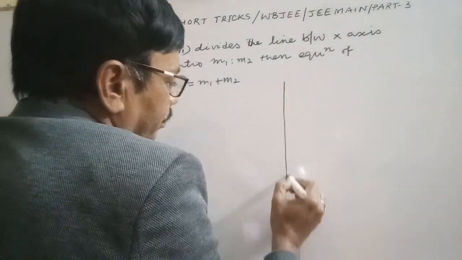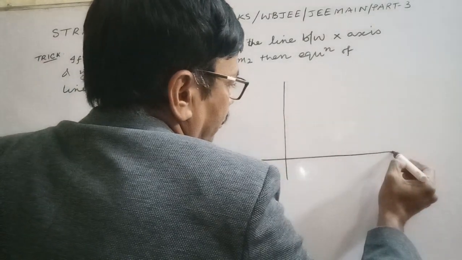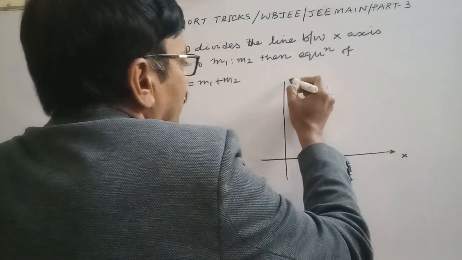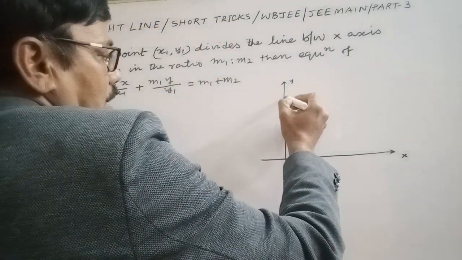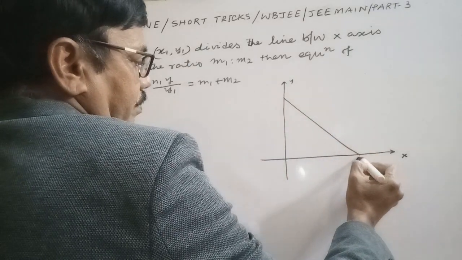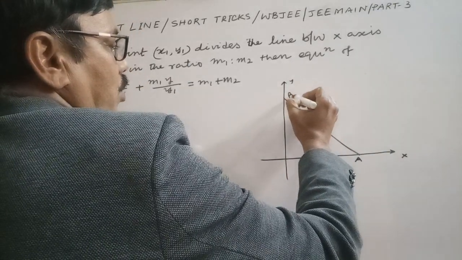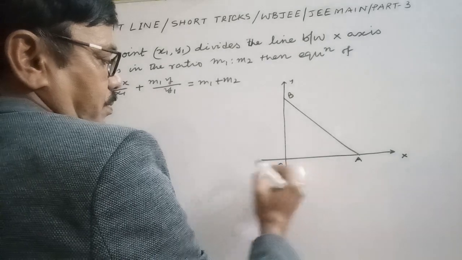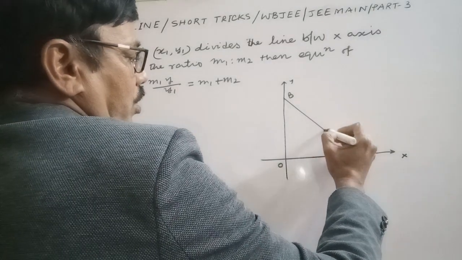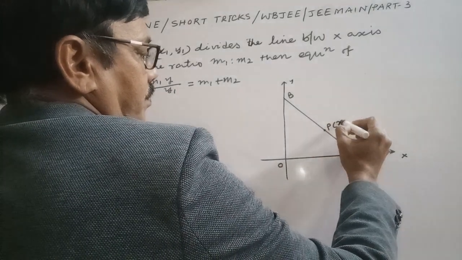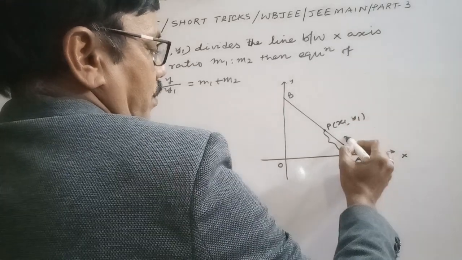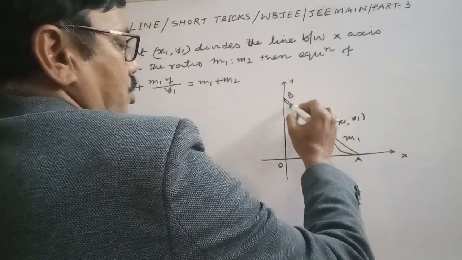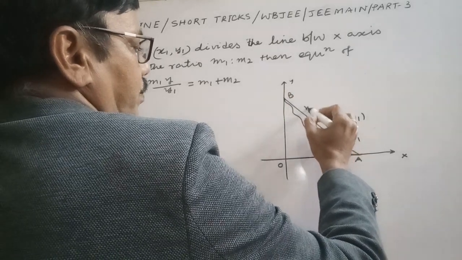So, look. AB is a line between x-axis and y-axis, and P(x1, y1) divides AB in the ratio m1 is to m2.